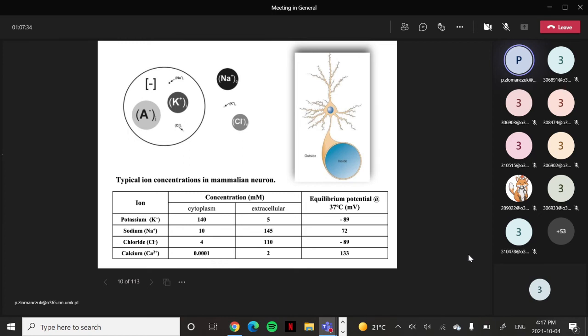The result of these differences of the charges between inside and outside of the cell is that on the cell membrane you can measure a certain electrical potential. In a model of the neuron, it's usually set at minus 70 millivolts. When you have a potential on the membrane of minus 70 millivolts, it means that there are more negative charges inside of the cell than outside of the cell.